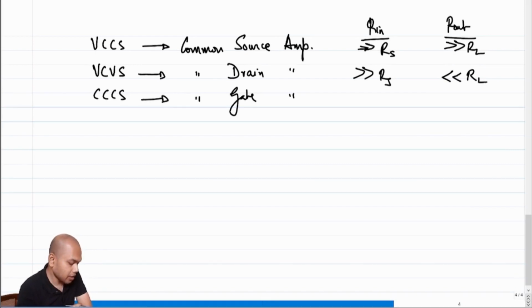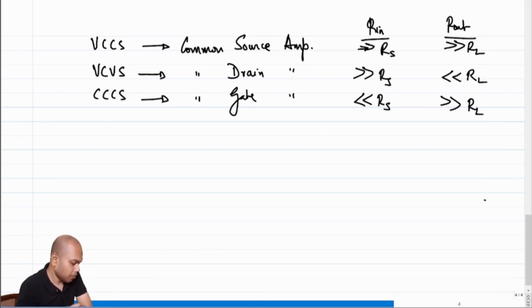In case of a current controlled current source, we wanted the current input to go in without getting divided, which means the input resistance should be much lesser than Rs, and since it's a current source at the output side, the output resistance should be much greater than RL, right?